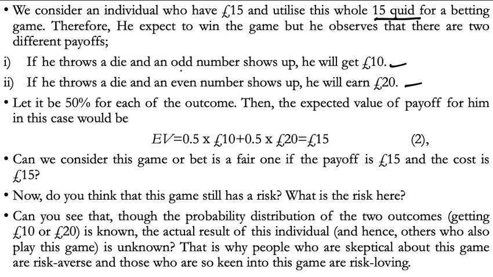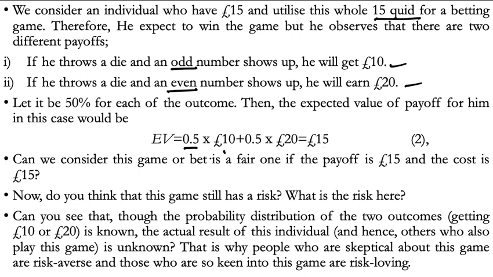Then the expected value of payoff for him would be 0.5 times 10 if an odd number shows, plus 0.5 times 20 if an even number shows up. Altogether the expected value that he may earn is 15 quid.